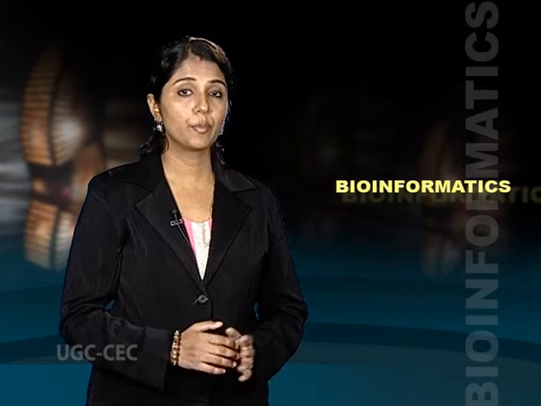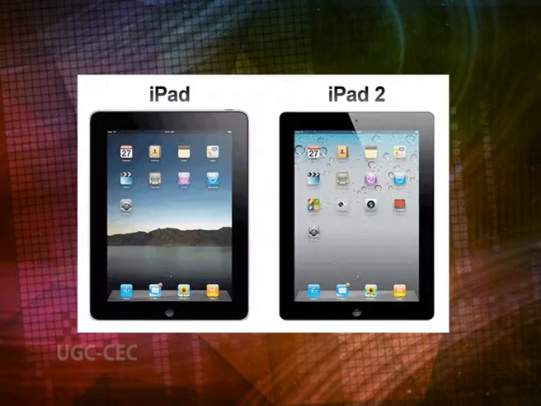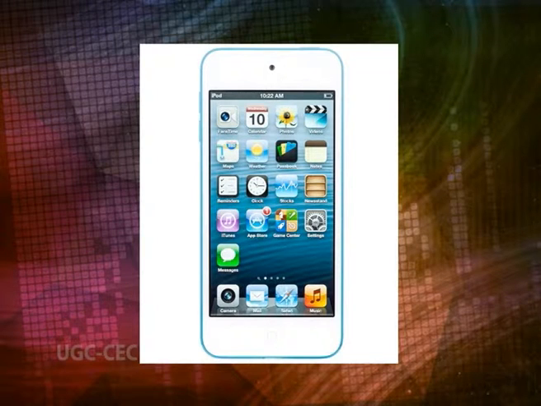The best known operating system for mobile phones is probably Apple's iOS operating system, previously known as iPhone OS, developed by Apple. iOS can be found running only on Apple's own devices such as their smartphones, iPhone family, tablets like iPad and iPad 2 and portable music players such as iPod Touch.